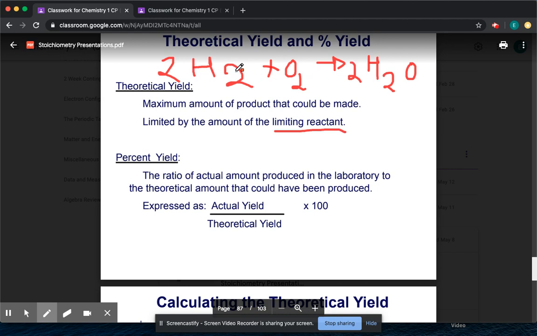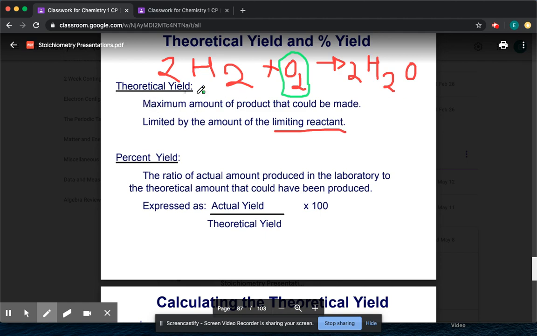So let's say I want to make water from hydrogen and oxygen, and let's say I have an infinite amount of oxygen. I will never run out of oxygen. But I only have, let's say, 10 moles of hydrogen. Since I only have a limited amount of hydrogen, hydrogen is what's going to control how much water I can make, because I'm going to run out of hydrogen first.